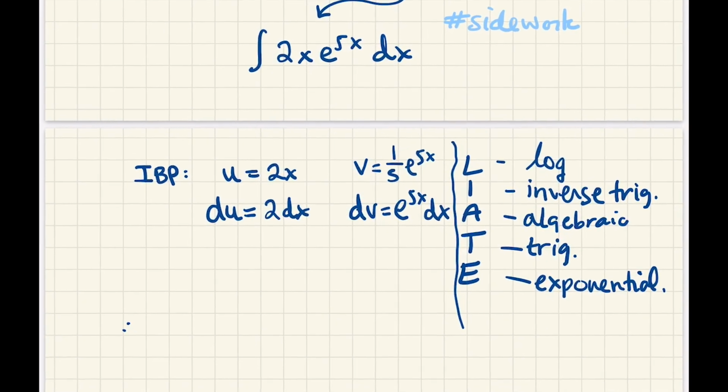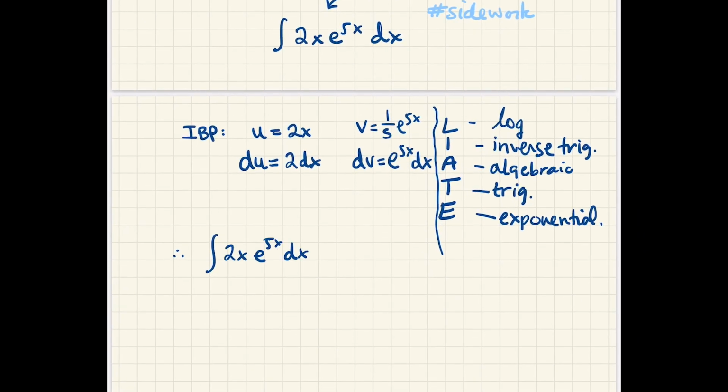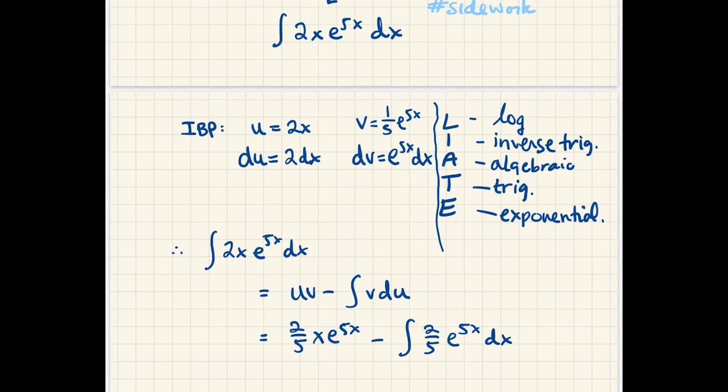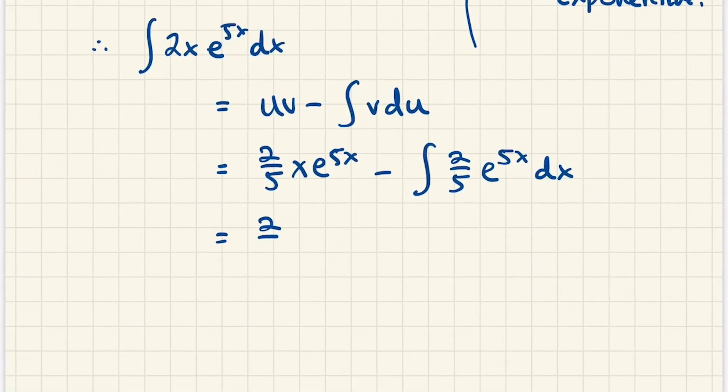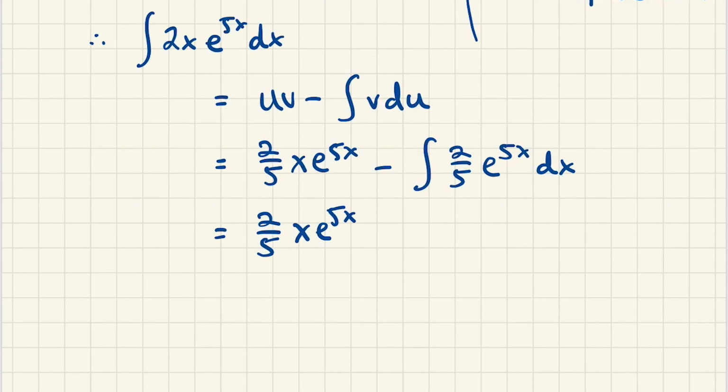And so our integral is this thing, u times v, which is 2/5 x e to the 5x minus the integral of v du, which would be 2/5 e to the 5x dx. And we can integrate that by just saying that's 2 over 25 e to the 5x plus our constant. And that's the end of the side work.